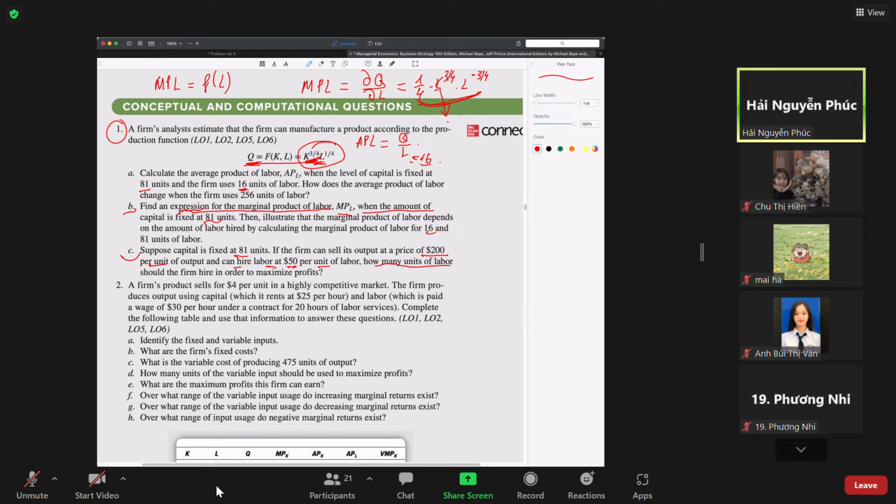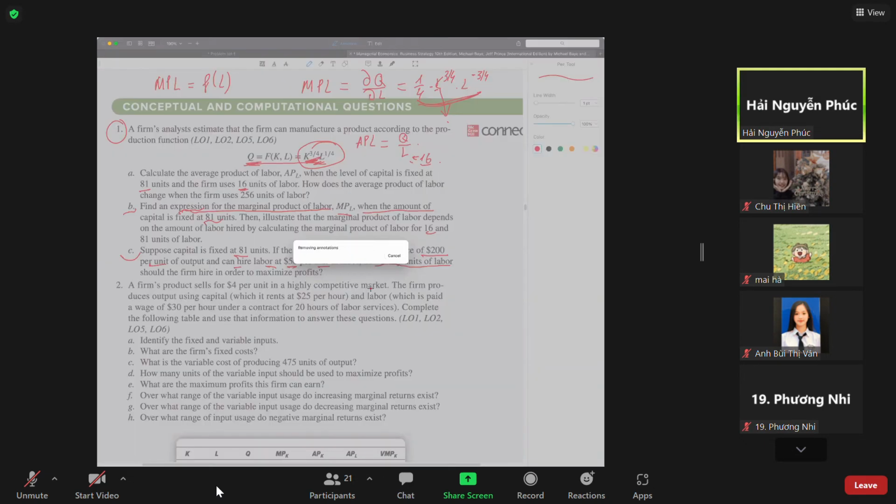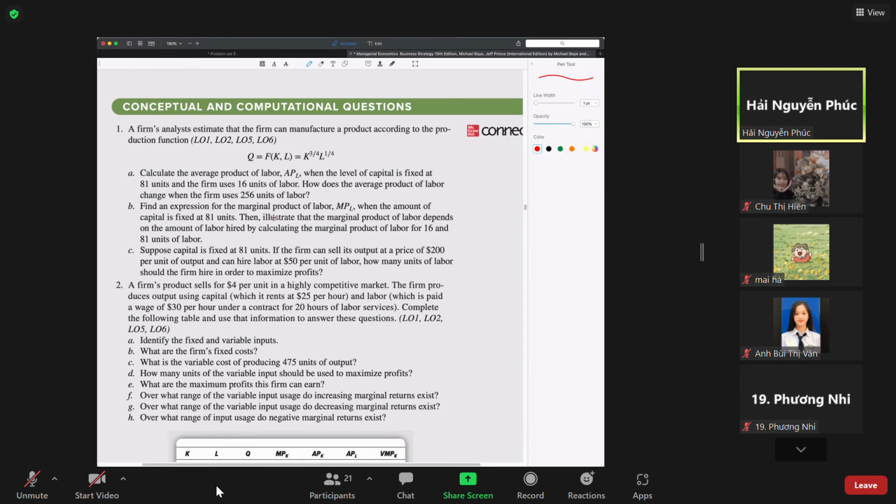The key point in question C can be expressed in the following way. The rule of optimization is that the value of marginal product of labor should be equal to the wage rate.